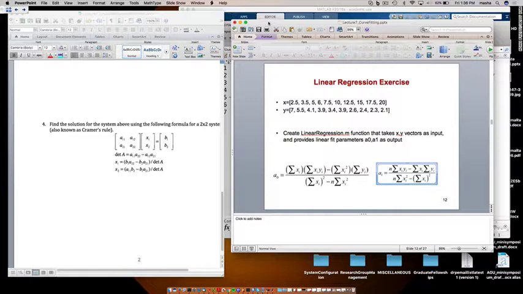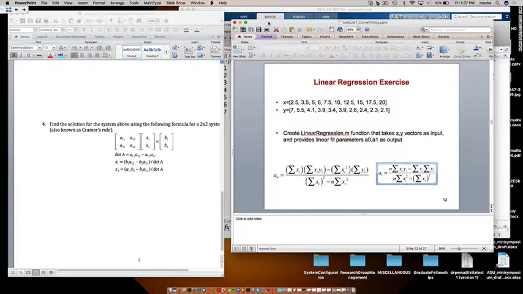But when you generalize to n points, you get those two formulas that are sitting there, because in general it's the sum of squares.